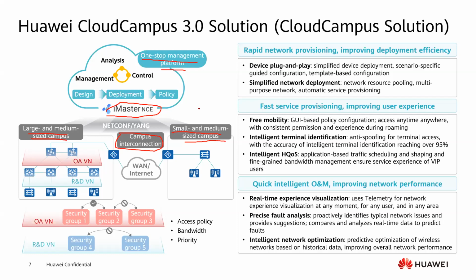In our large and medium-sized scenario, based on a specific underlay network, we can build a fabric network to support several isolated services by creating different VNs, virtual networks. In different virtual networks, we can use different policies to do the communication control.